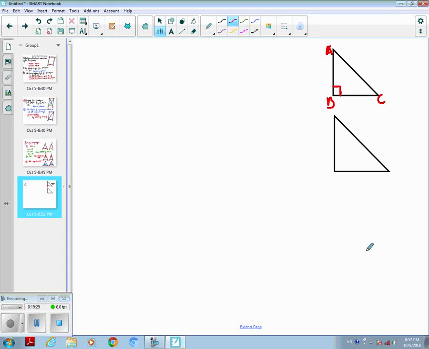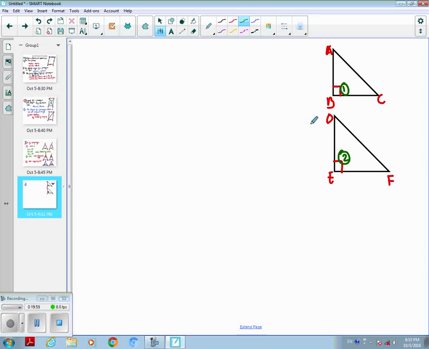This is D, E, F. This is right angle at E. Now, in both these triangles, just see. One thing that is equal in both of them is the right angle. So, this angle 1 is equal to angle 2.